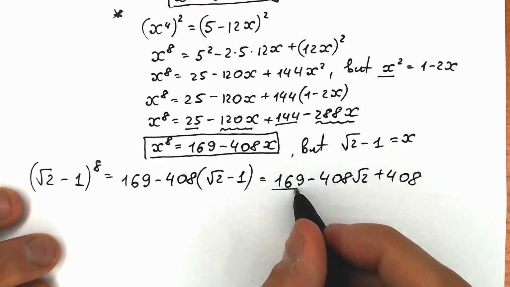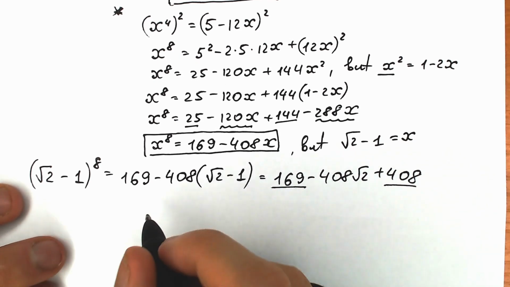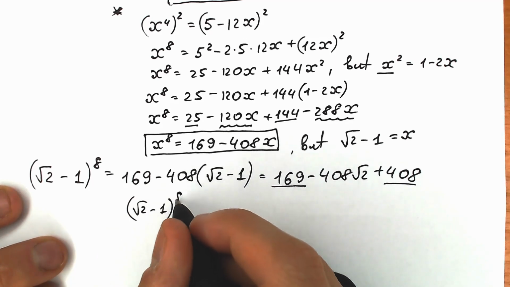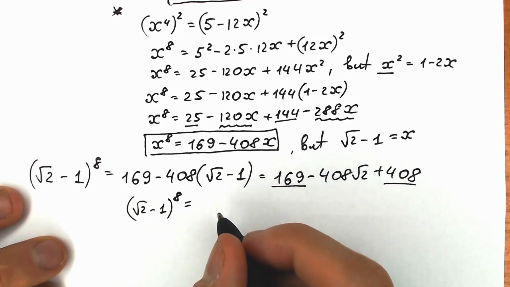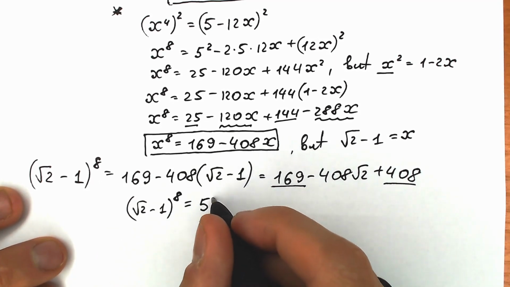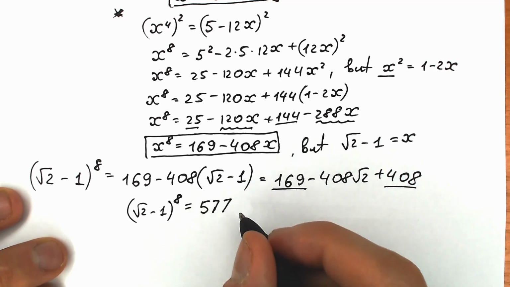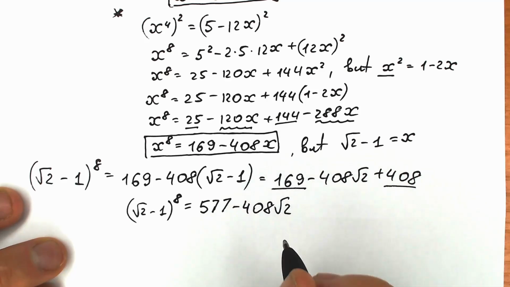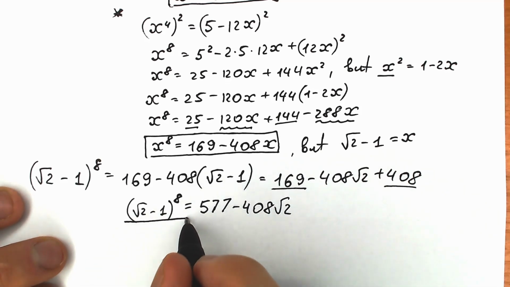Now let's add 169 and 408, and as a result our answer is (square root of 2 minus 1) to the 8th power equals 577 minus 408 square root of 2, and this is our answer.